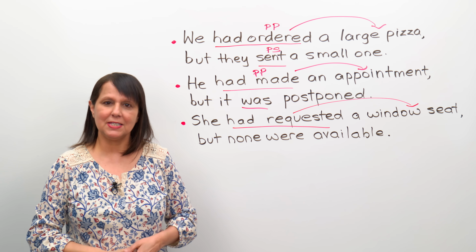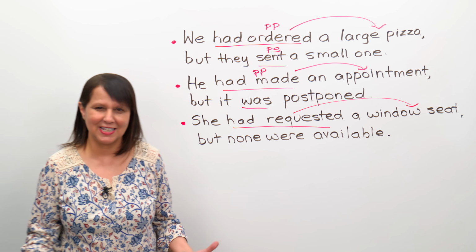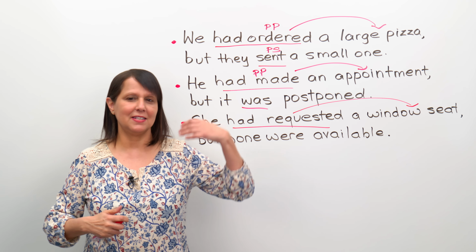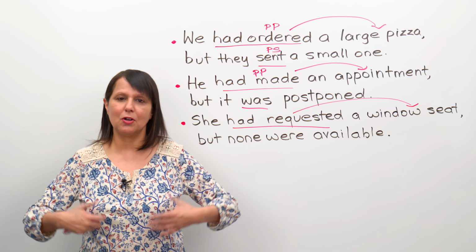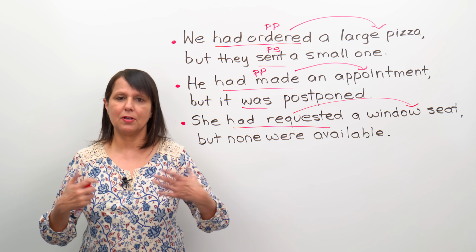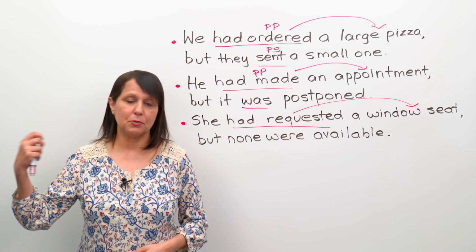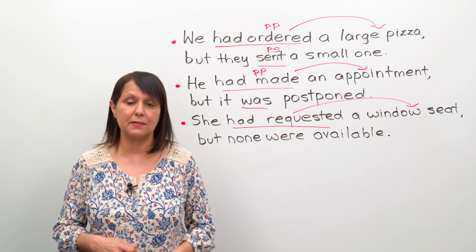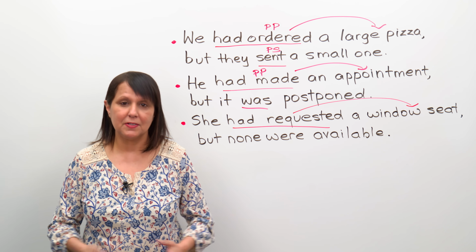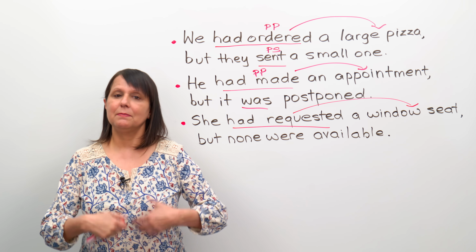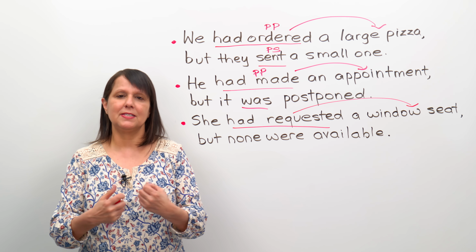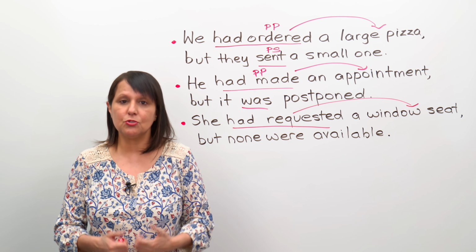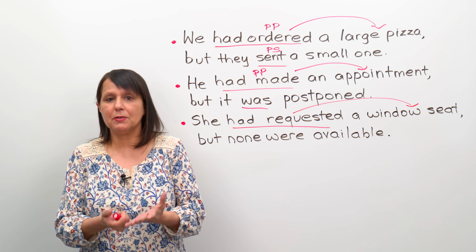So I hope you see that this past perfect tense, which is, as I said, an advanced tense, can nevertheless be very useful to talk about everyday life, to talk about different situations in your personal life, in your professional life, in your academic life, or anything else. The best way that you can really adopt this and start using it yourself is to write some examples for yourself about your life.